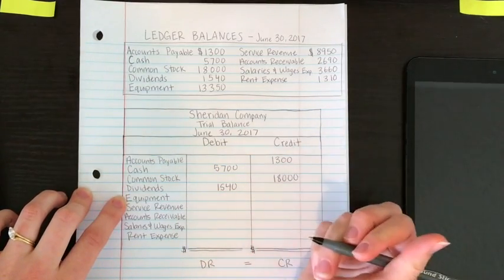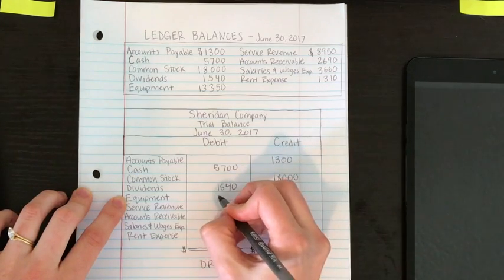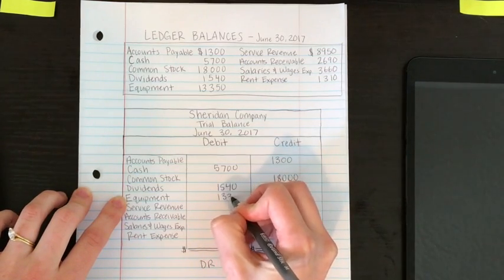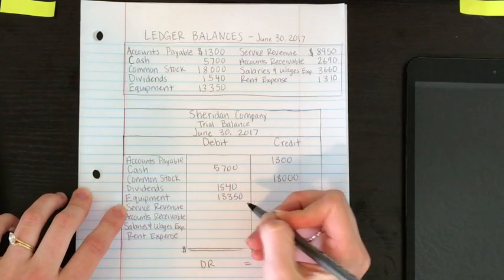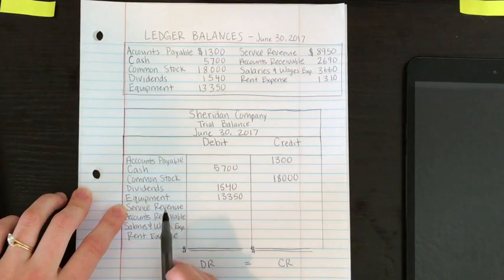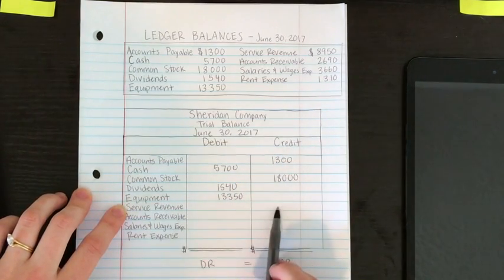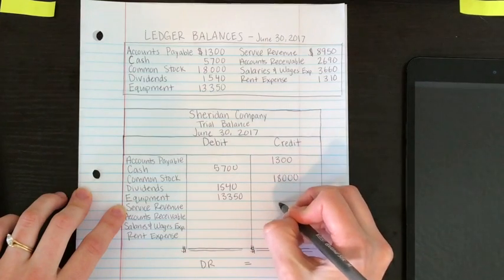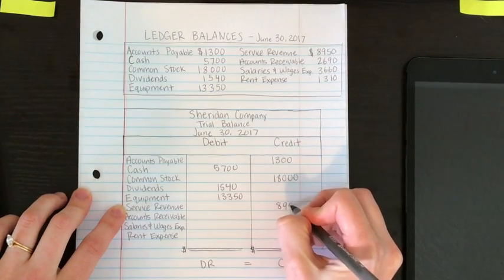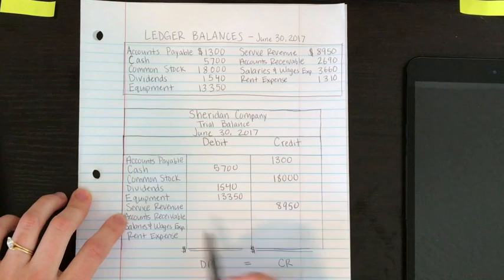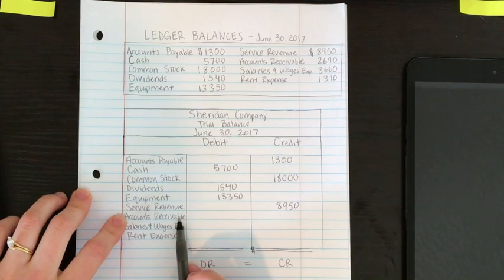Equipment is also an asset, so that goes on the debit side. Service revenue: anything that's revenue comes over to our credit side, because the normal balance falls in the credit column.